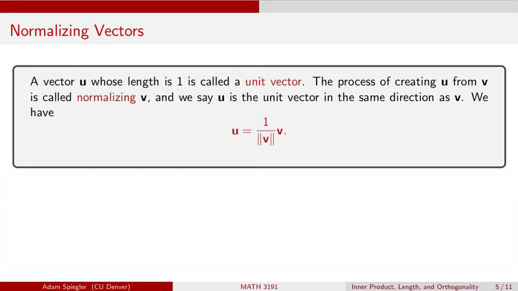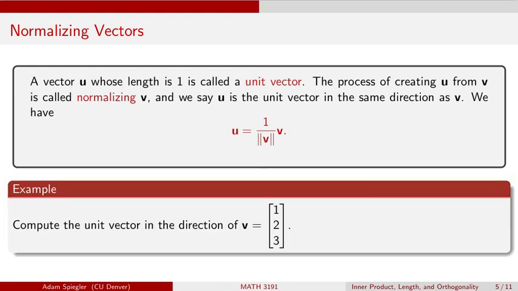From the previous example, we've seen that given a non-zero vector v, we can normalize it by scaling v by a factor of 1 over the magnitude of v. This process is called normalizing the vector v, and the result u is the unit vector in the same direction as vector v.